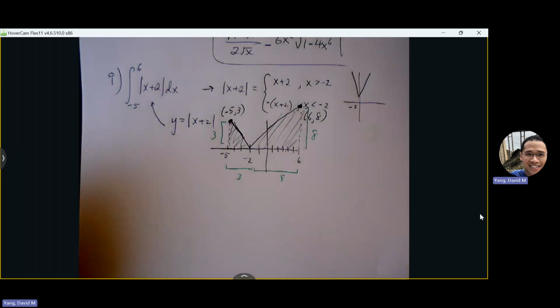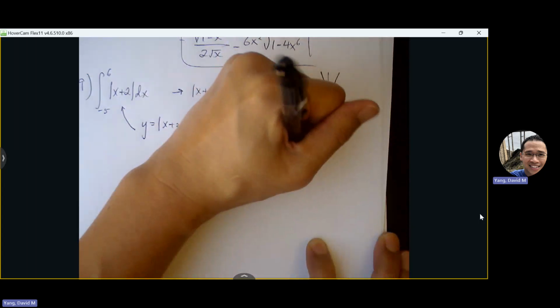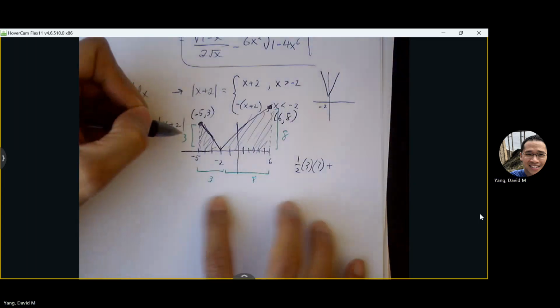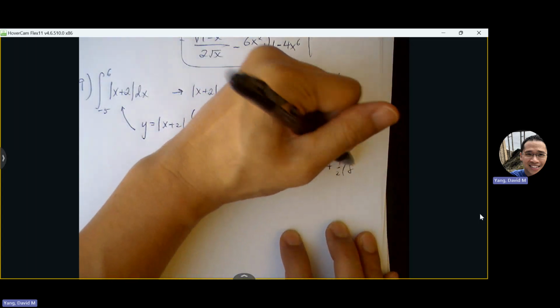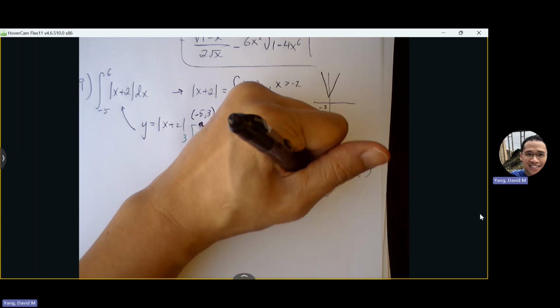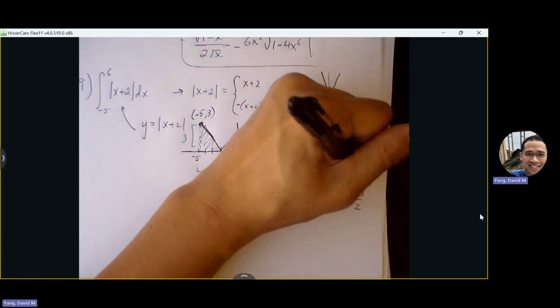So I'm just using geometry to get to my definite integral here. So 1/2 base times height, and then 1/2 base times height. I get 9/2 plus 64/2, which is 73/2.